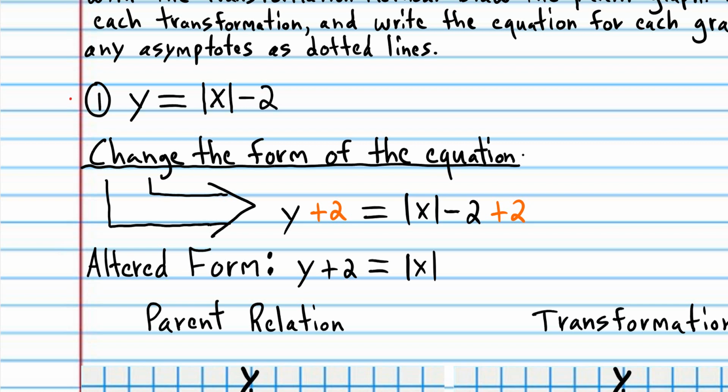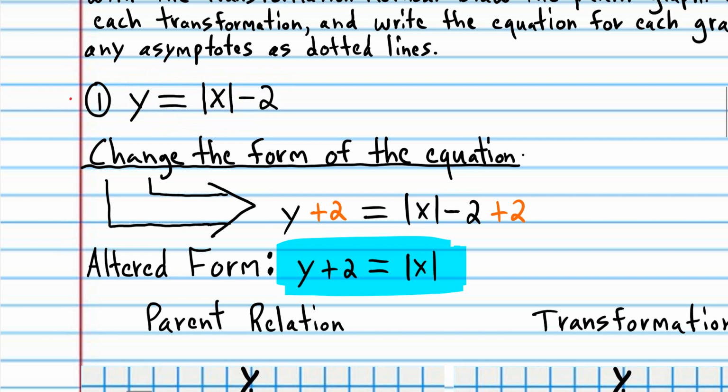It's very important to understand that this yellow equation up here is the exact same equation that you see in blue. The only difference is the form. We changed the form. If you graph the yellow and the blue equations, you'll get the same graph. Again, because they're the same equation.